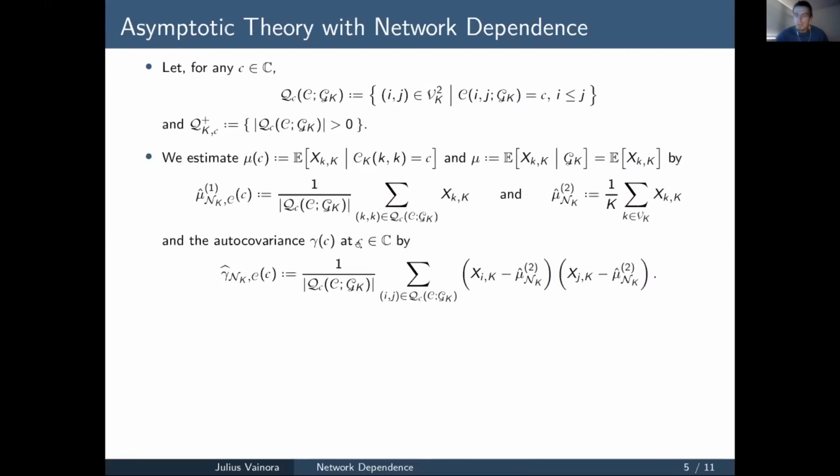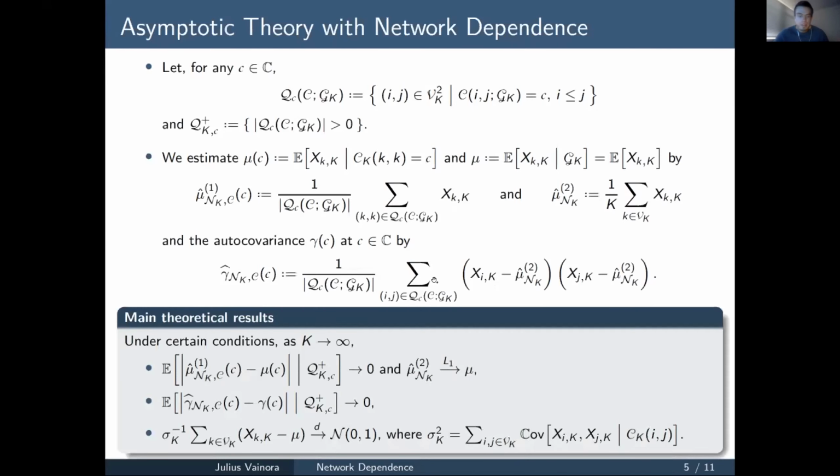Something very similar happens with the autocovariance at a certain class C. We sum over all the pairs ij, here I center them with the constant mean, and we divide by the same covariance class. And then to summarize the results: both types of mean and the covariance are consistent in L1 norm, and we also have a central limit theorem for the constant mean.